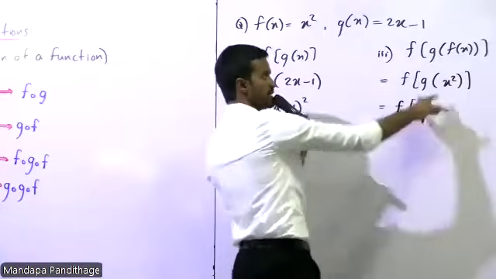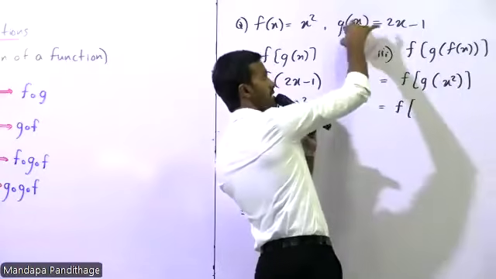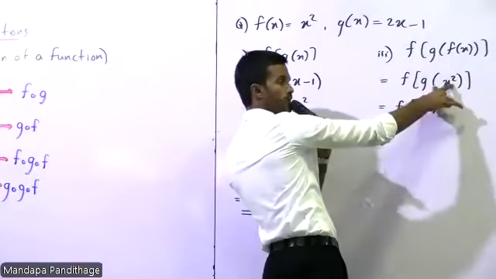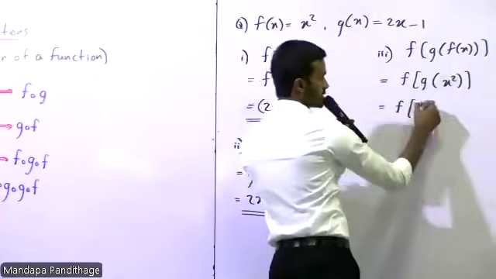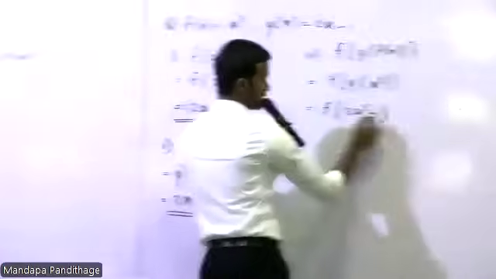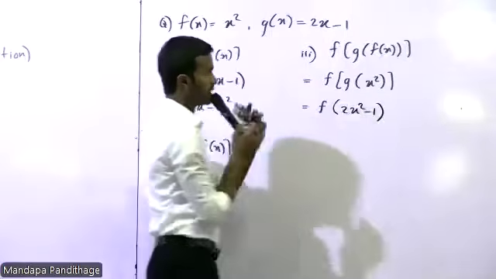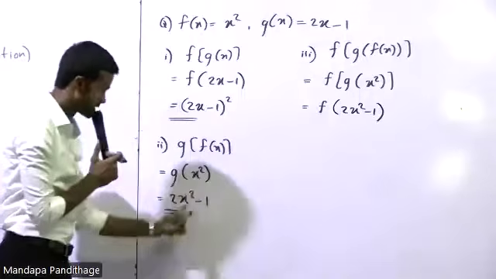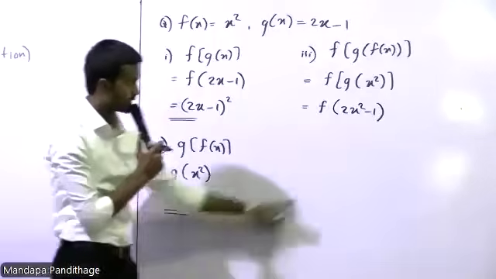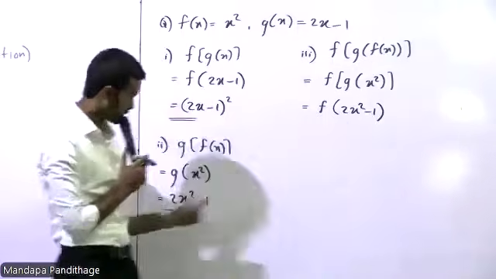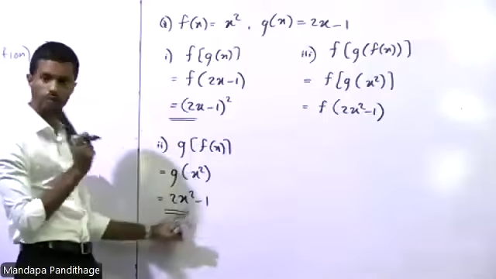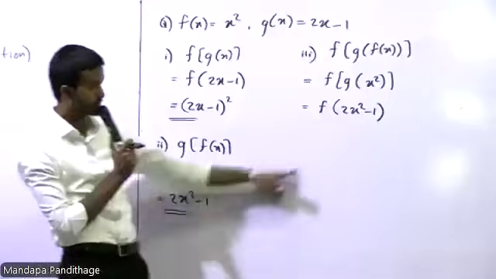Now what is g of x squared? x has been replaced by x squared, so it's 2x squared minus 1. You can use this answer, because we have already taken g of f of x equal to this one. So you can directly put this answer here.